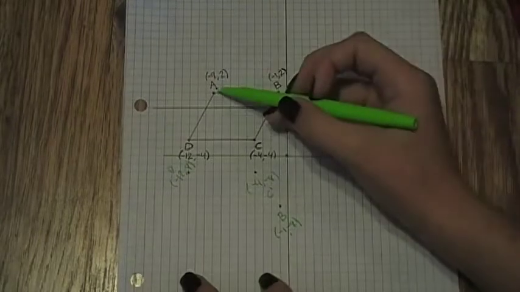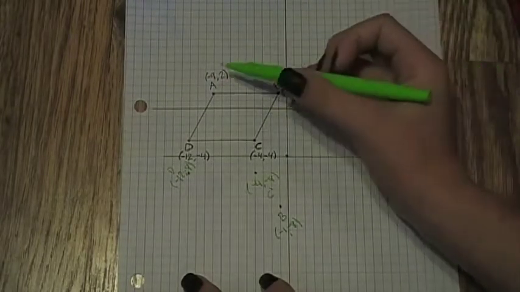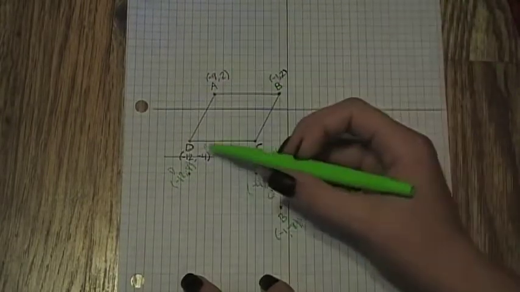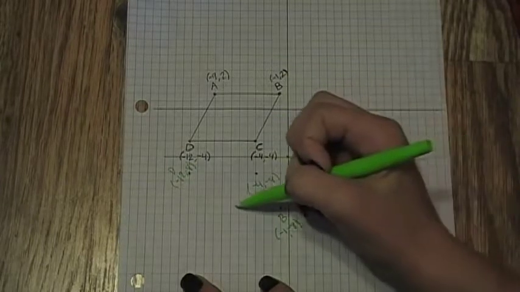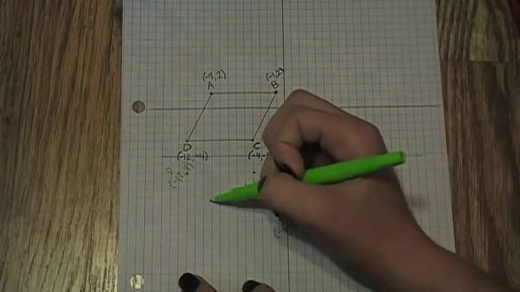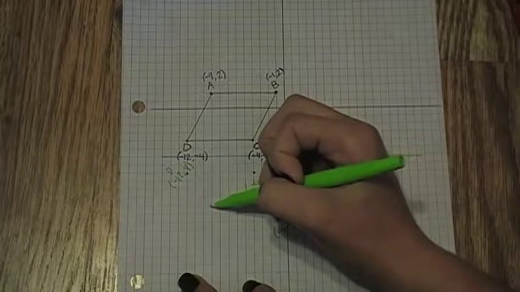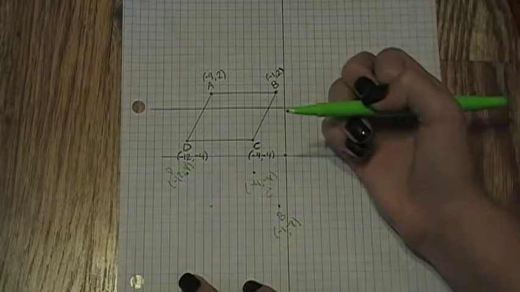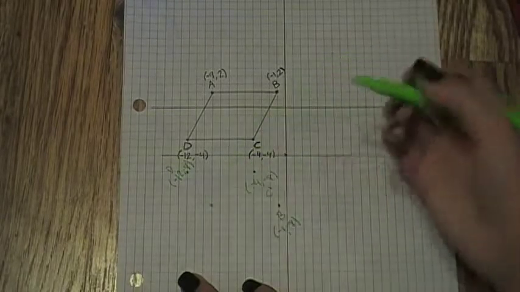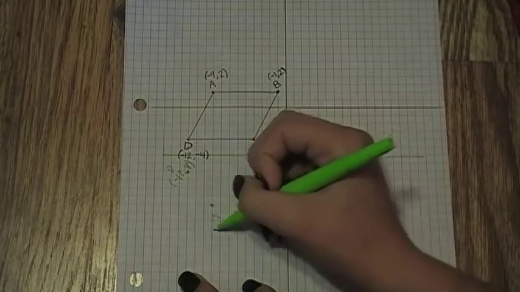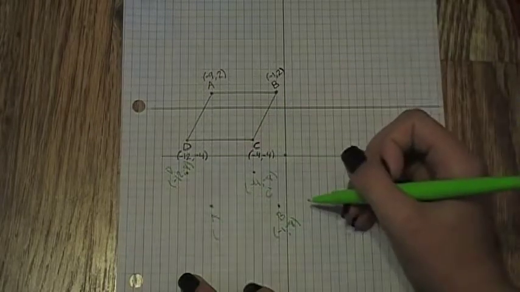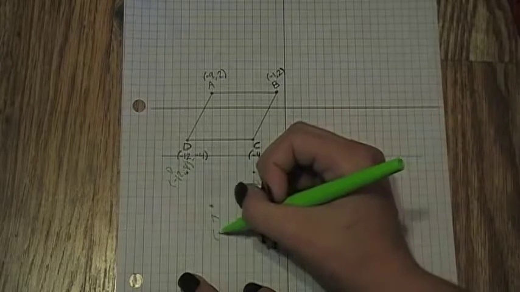And last we would do A, which is the same distance from here to here, so it would just be here. Yes, okay. So this is our A point, which is -9, -8.